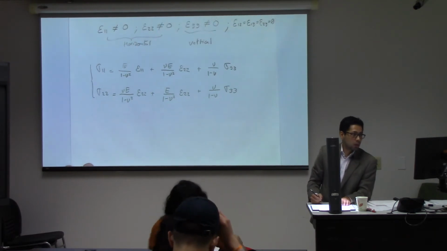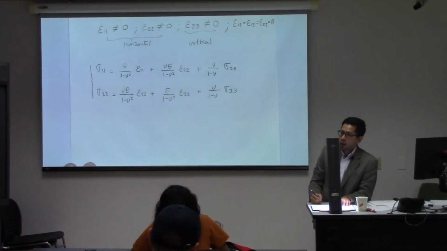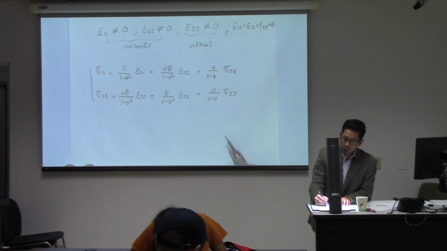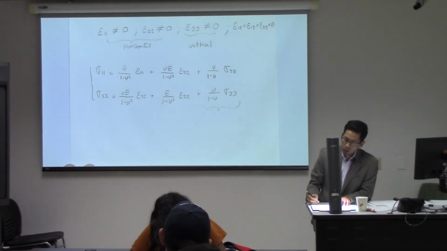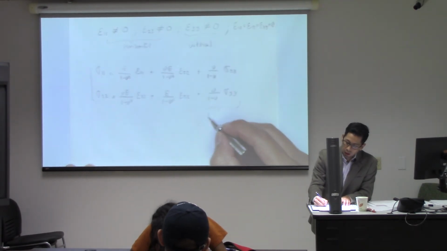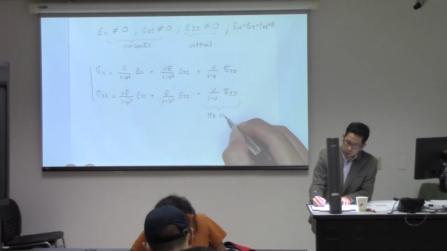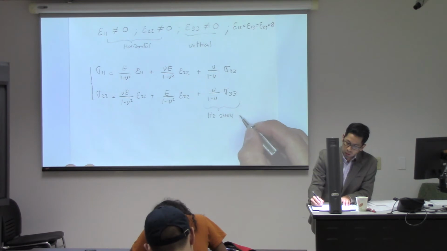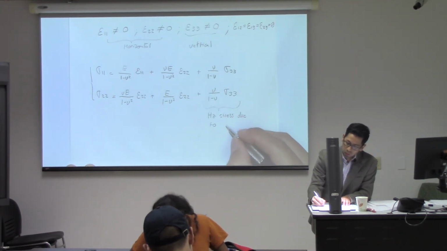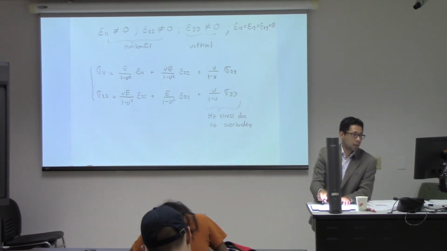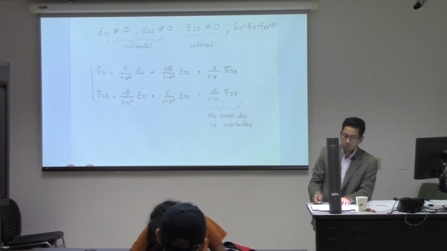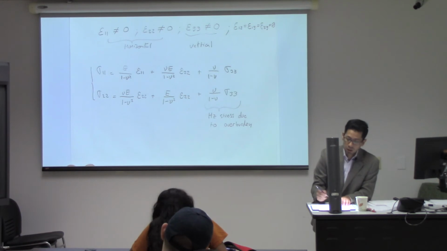All right, so what happened now? Now our stresses, look, this guy is the same as before. This is horizontal stress due to overburden. The same thing than the one we saw before, right? But now we have two additional terms.